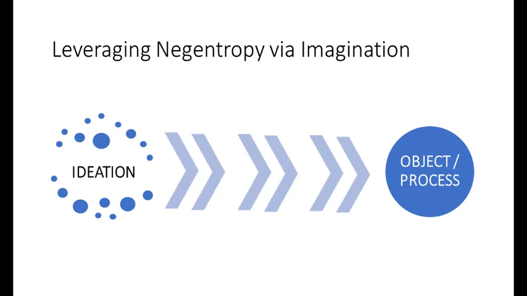When applying negentropy to the ideation and realization of tools, whether objects or processes, the key point is that imagination is the negentropic function that generates the ability to go from an idea to a physical reality.